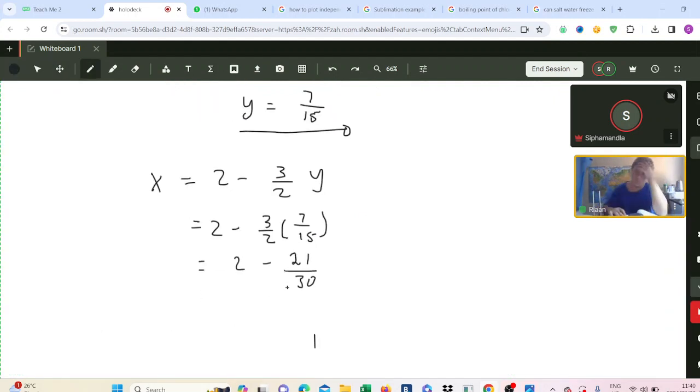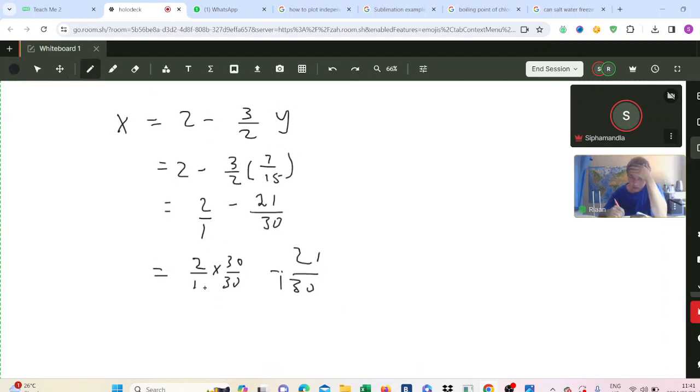At this point, if we don't want to use the calculator, we can multiply 2 over 1 times 30 over 30, minus 21 over 30. That is fine. So 30 times 2 is 60, so that is 60 over 30 minus 21 over 30.